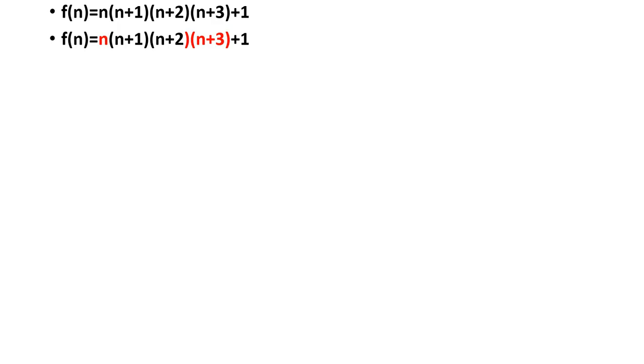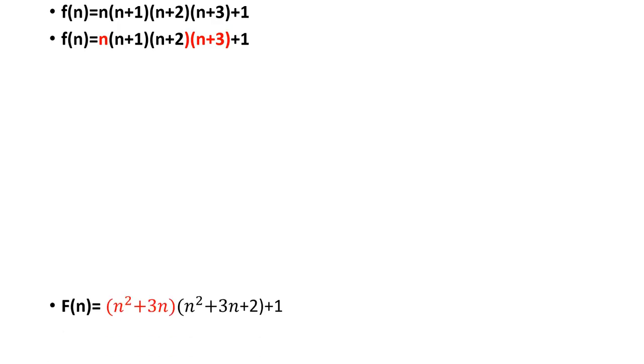If I multiply n and n plus 3, I create n squared plus 3n. And if I multiply the other two using FOIL, I'm sure all of you are familiar with FOIL: first, outer, inner, last. An n squared plus 3n will be created.